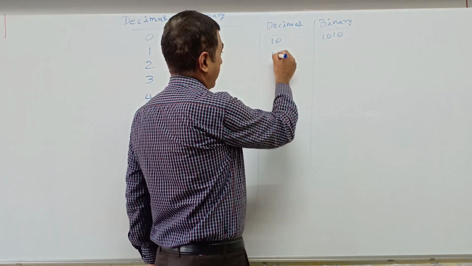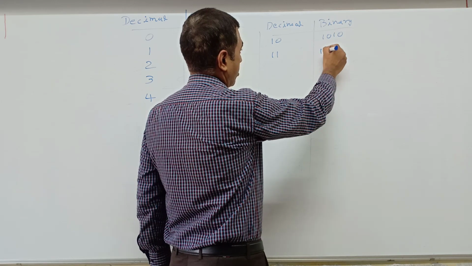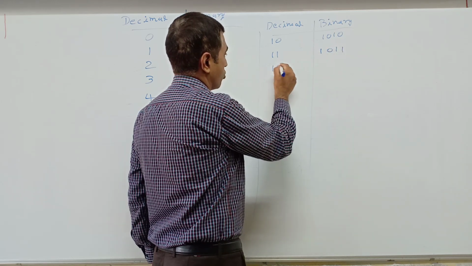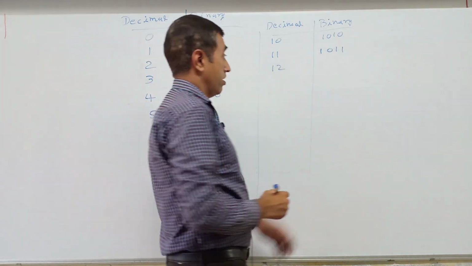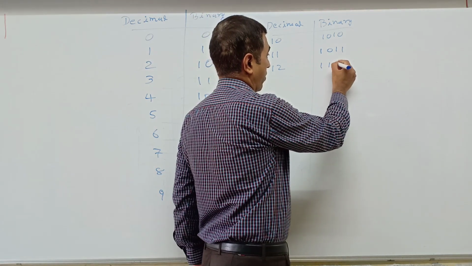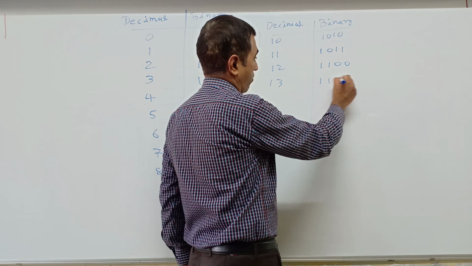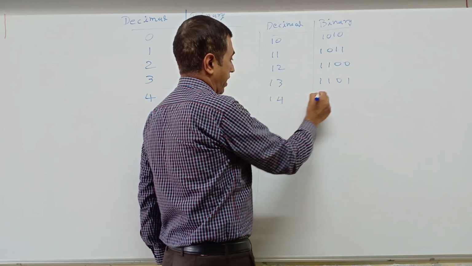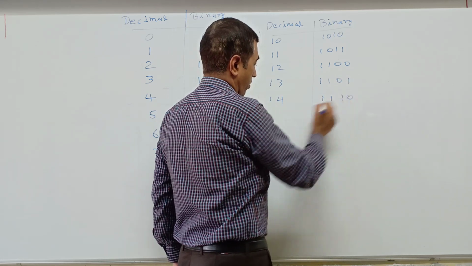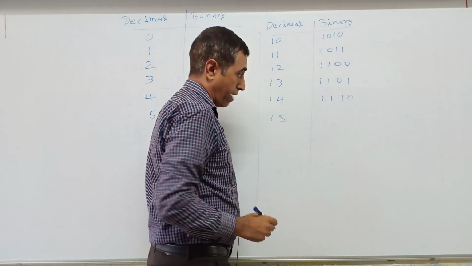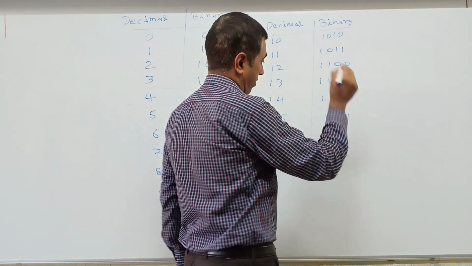If it is 11, then 1 0 1 1. If it is 12, then you have to write 1 1 0 0. If it is 13, then 1 1 0 1. If it is 14, then 1 1 1 0. And if you want to write 15 in binary, then 1 1 1 1.